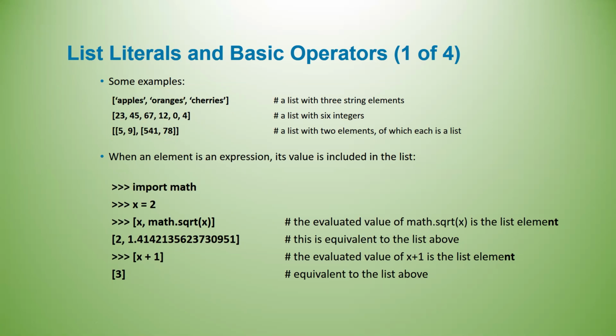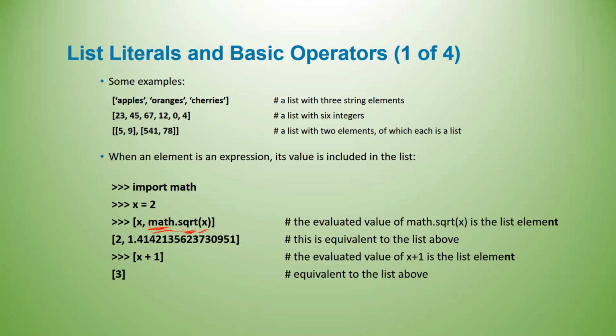When an element is an expression, its value is included in the list. So for example, if you use the math function, remember math dot square root of x, x is the parameter. This will evaluate to a number, to a value.